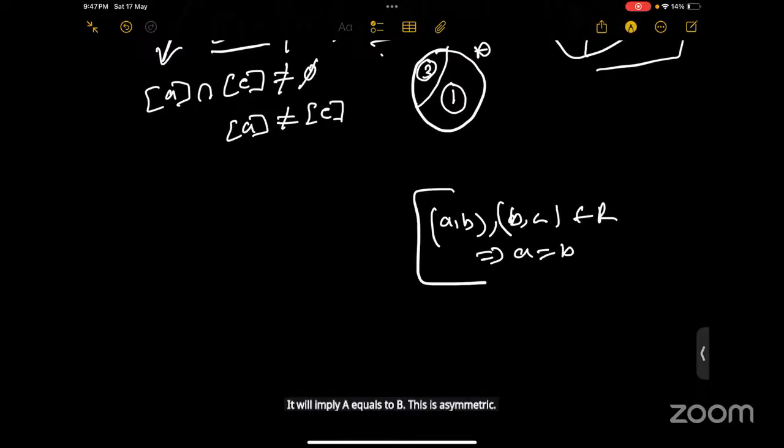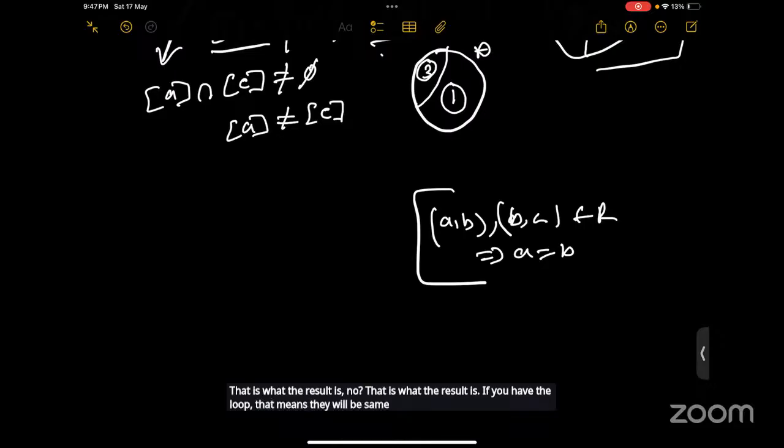Oh, I think this is antisymmetric. No, asymmetric doesn't have loops, no. That is what the result is, no? If you have the loop, that means they will be the same.